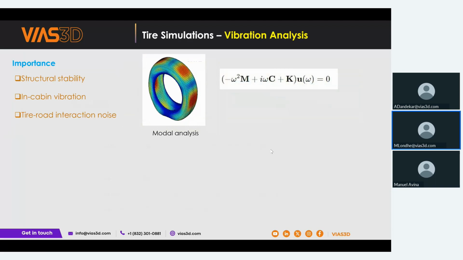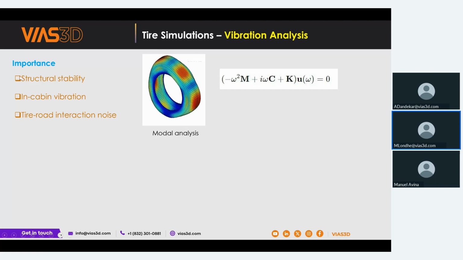Another important analysis in tire simulation is the vibration analysis. Why is it important? Because of structural stability, as we often hear that during driving an actual tire suddenly bursts. This is due to either the temperature reaching an extreme level, or the vibration increasing to a critical level.